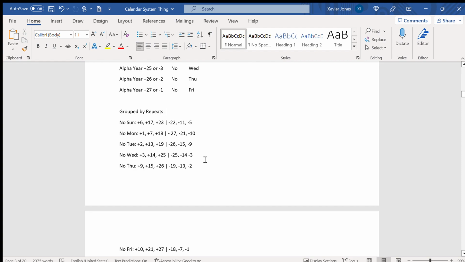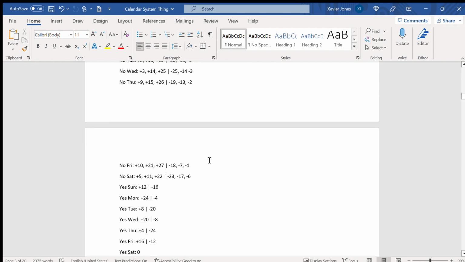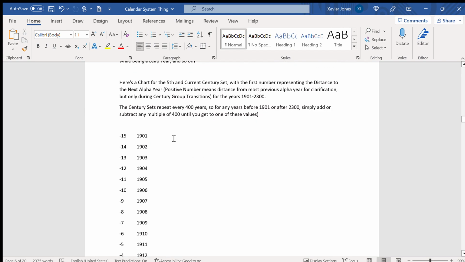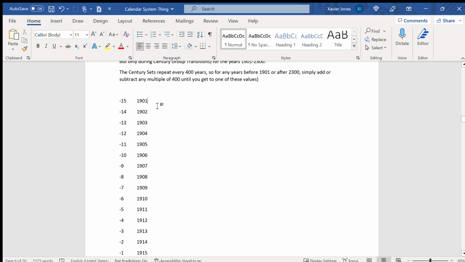So what I could probably do is go through every calendar and specify what group it's a part of. And I might do that. It's a lot of work, though. Going through every single year for 400 years and then looking it up to see what it corresponds to.